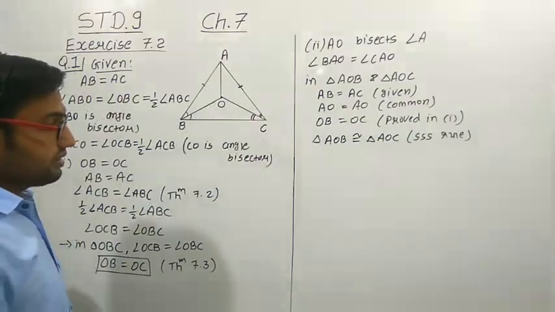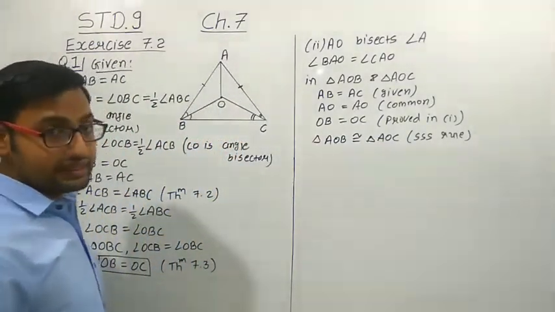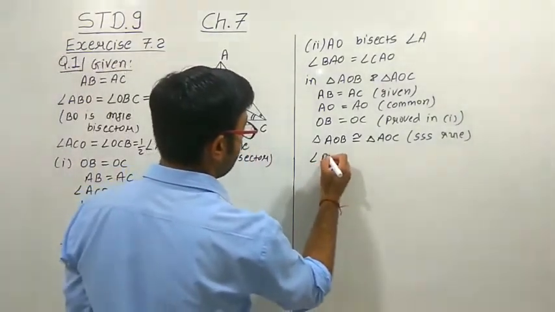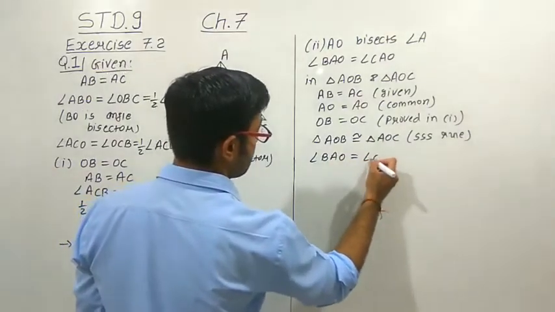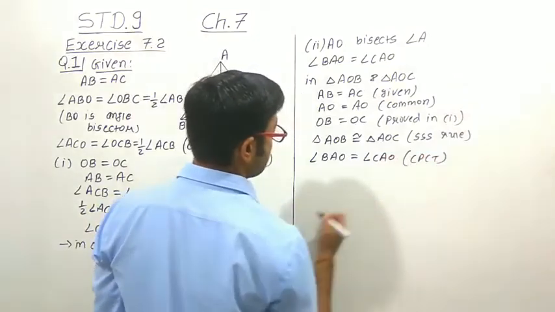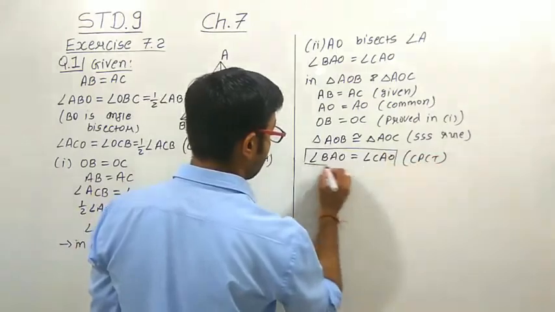As the two triangles are congruent, their corresponding angles are also equal. So angle BAO is equal to angle CAO, according to CPCT, and this is the required condition.